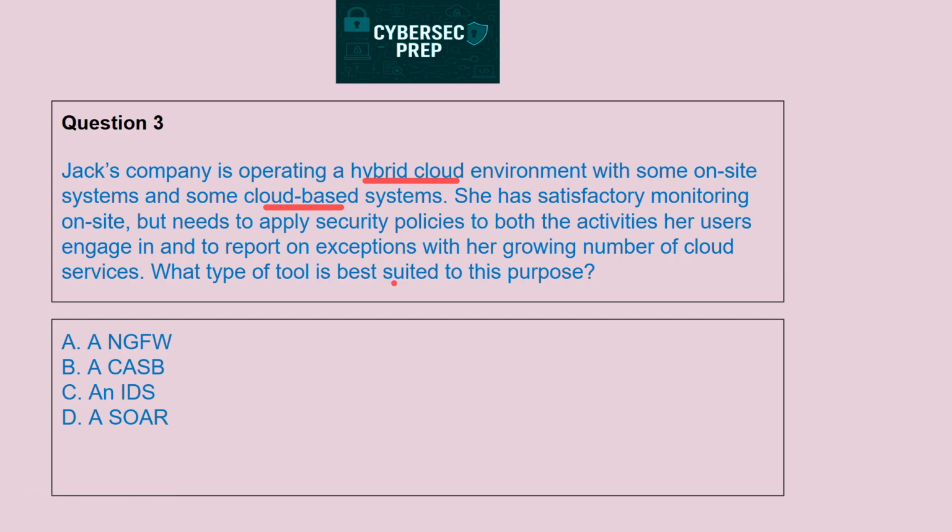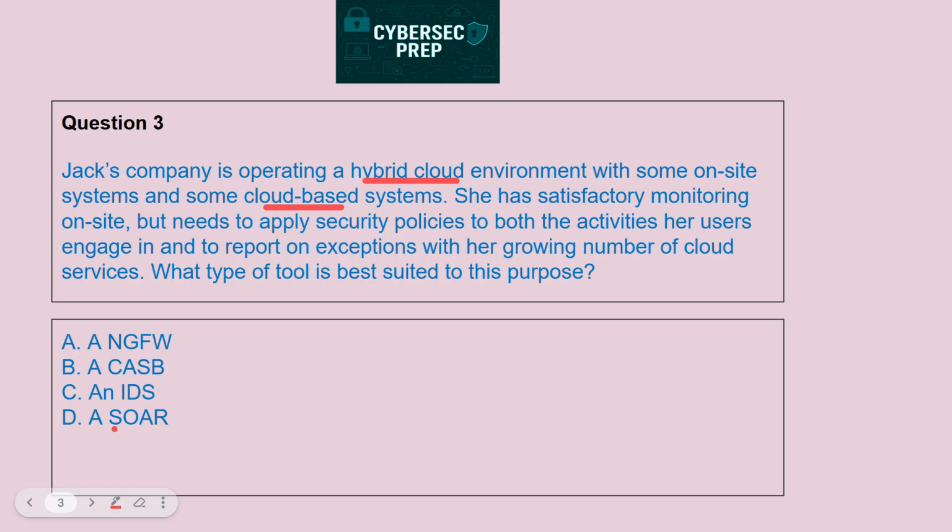So, what type of tool is best suited to this purpose? Option A, next generation firewall. Option B, cloud access security broker. Option C, intrusion detection system, or option D, security operation and response tool, which is called SOAR.